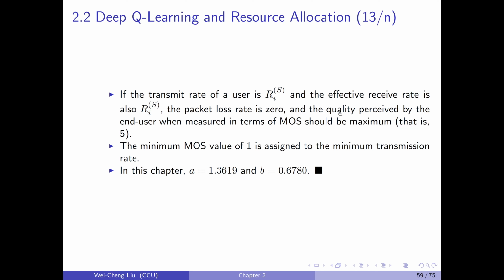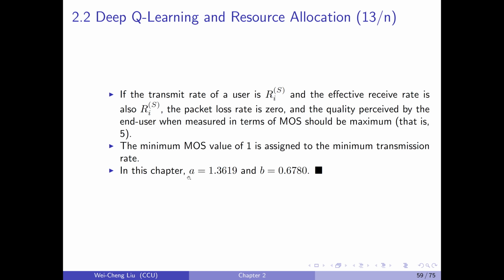And the quality perceived by the end user, when measured in terms of MOS, should be maximum, that is 5. The minimum MOS value of 1 is assigned to the minimum transmission rate.